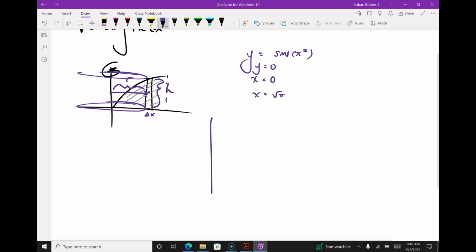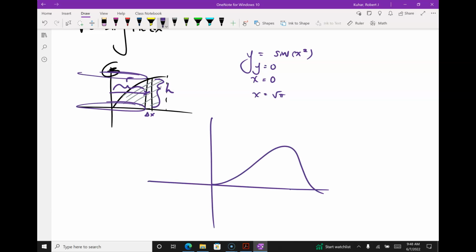The picture kind of looks like that. We want this region, and we're rotating about the y-axis.